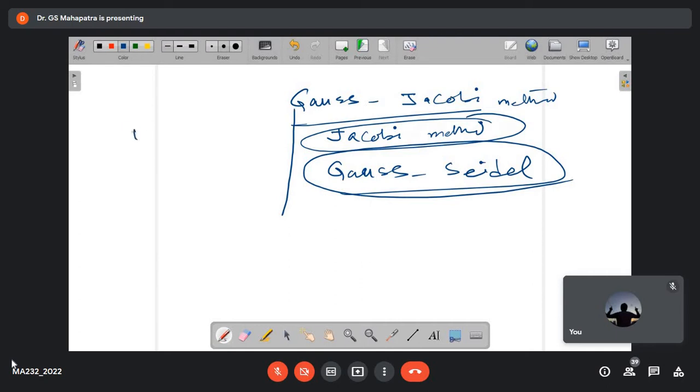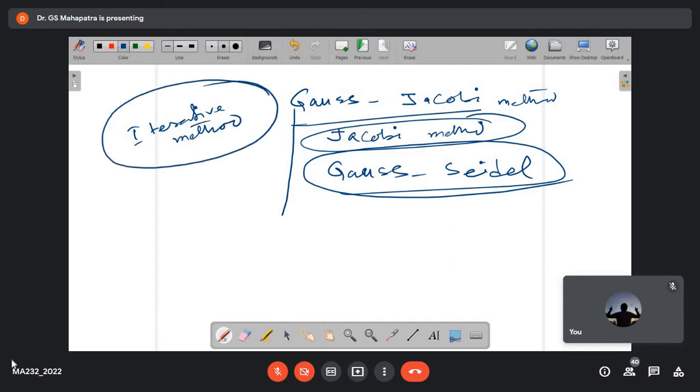What is the meaning of iterative method? Be quick. If you have any idea about iterative method, what is the meaning? Anyone? Okay, fine.